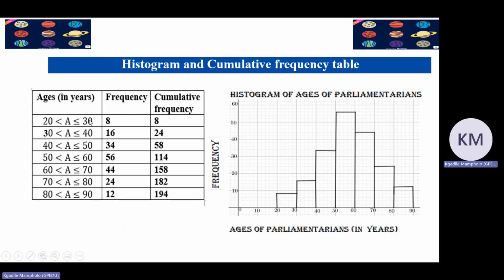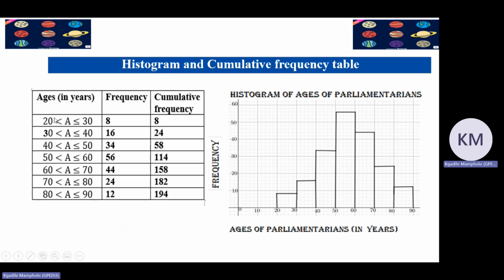So you'll plot where x is 30 and y is 8. The next one you plot where x is 40, y is 24. The next one you plot where x is 50, y is 58. The next one you plot where x is 60, y is 114, and so on.